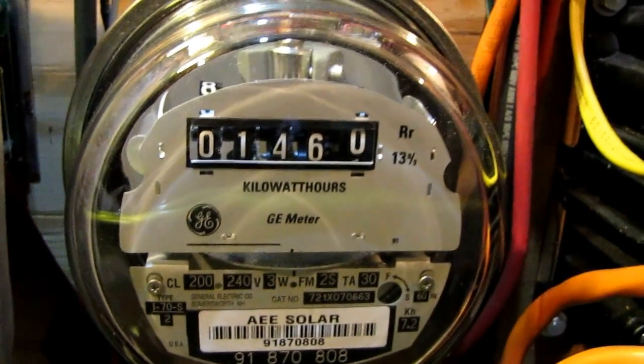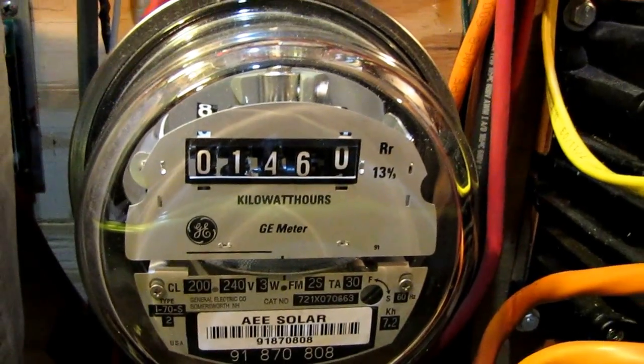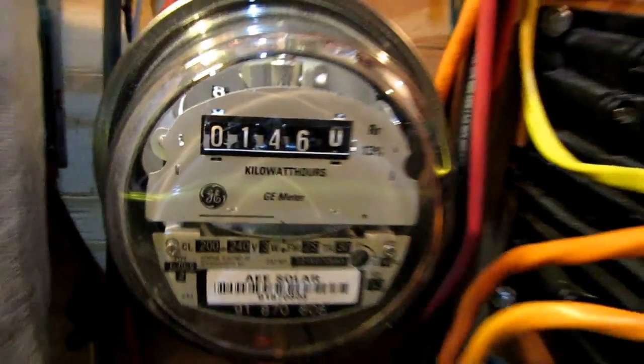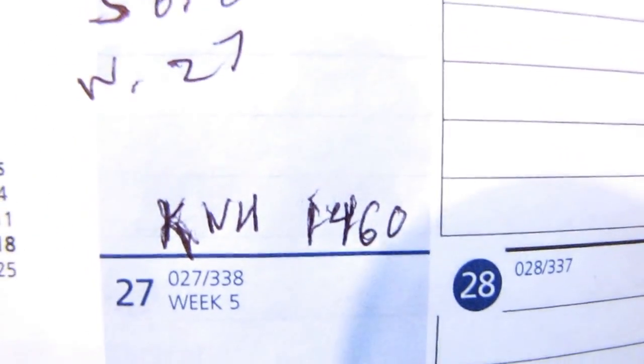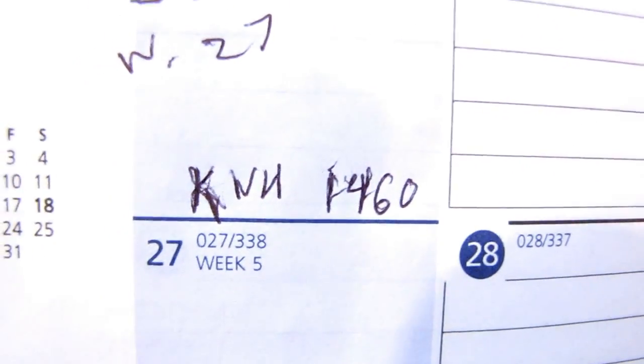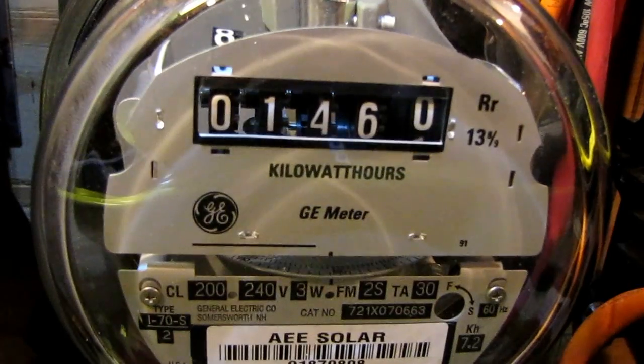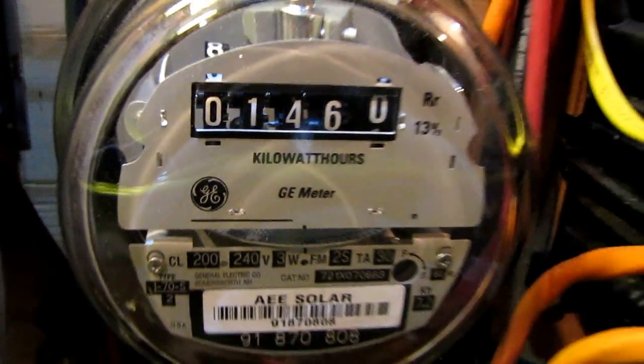And kilowatt hours produced on my meter, that's right here. It's 1460, and I'll just put it in there, 1460. And this little meter, when I bought it new, it was sitting at 0000. Yeah, it's pretty neat.